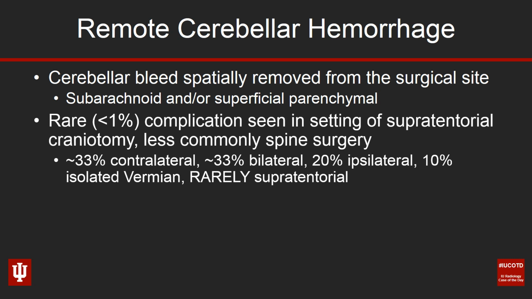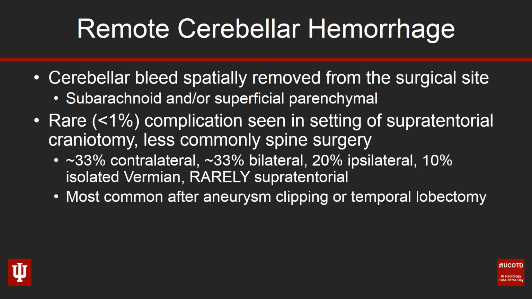Sometimes it can involve the cerebellar vermis, and rarely do we see this supratentorially. It's usually infratentorial, in the posterior fossa. This is most commonly seen in the setting of a pterional craniotomy or some sort of craniotomy for an aneurysm clipping, or in the setting of a temporal lobectomy, but you can see it with other surgical procedures.